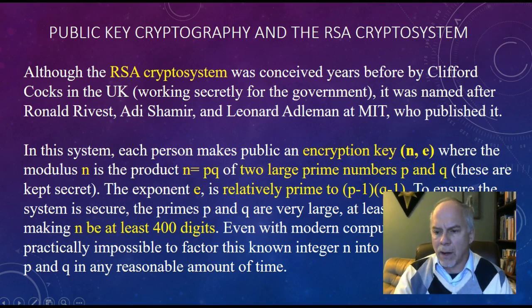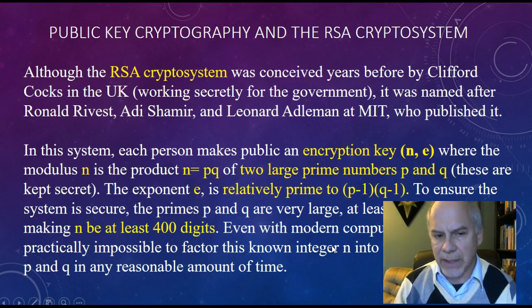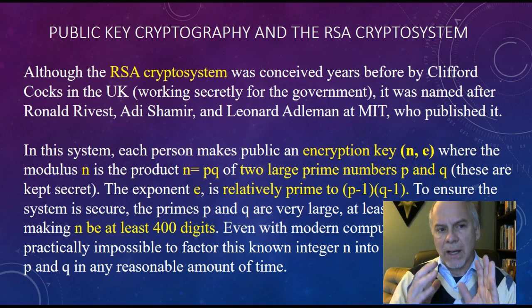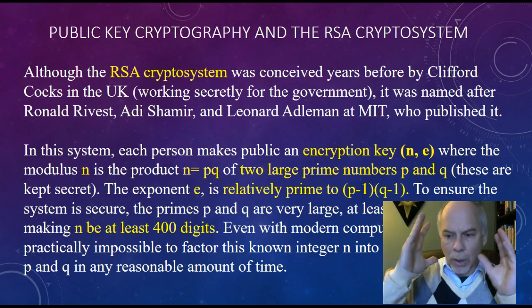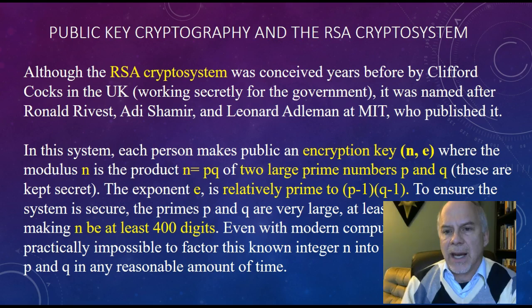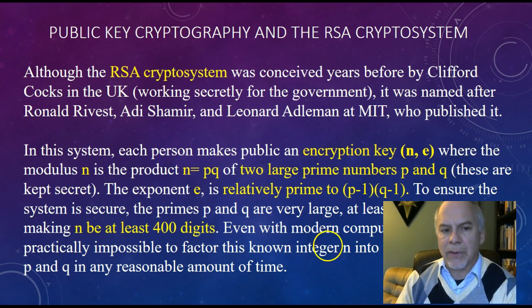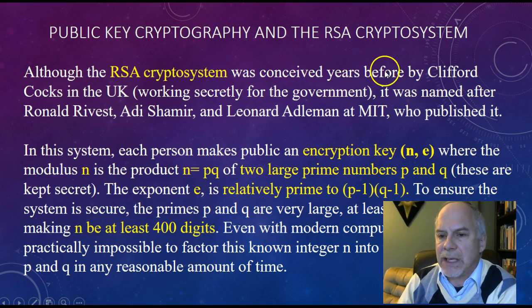Now, much of what we've been looking at in the last few sections is leading up to what we're looking at now: public key cryptography and the RSA cryptosystem. The RSA cryptosystem was conceived years before by Clifford Cocks in the United Kingdom.